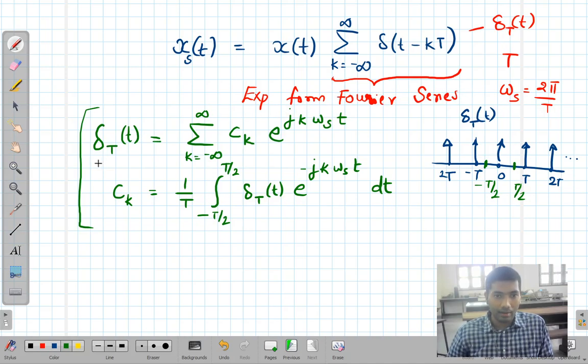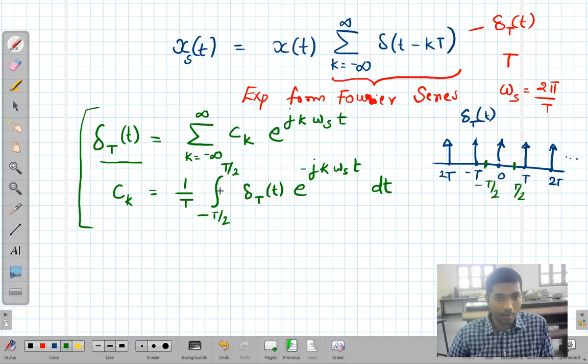So I have expressed the impulse train as an exponential form Fourier series, and the coefficient c_k is found as 1 by T, integral from minus T by 2 to T by 2 of δ_T(t) e raised to minus j k ω_s t. Now, what is this?